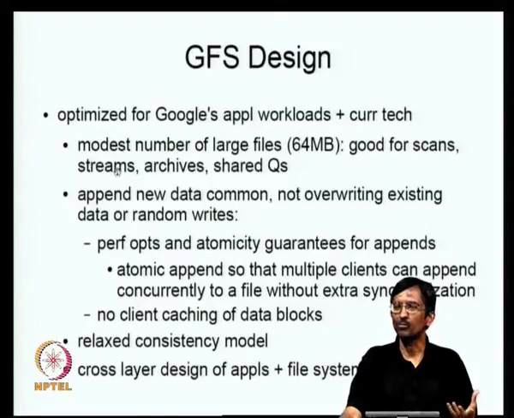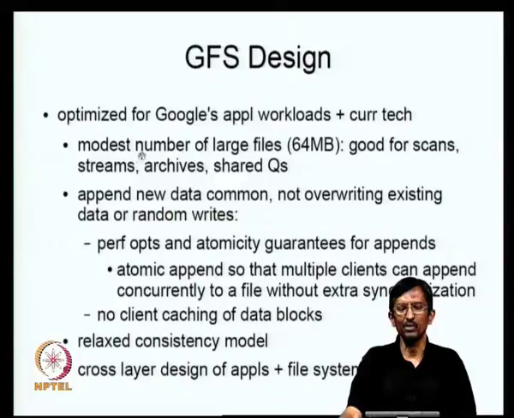Lots of times data is produced in streams, and I am going to access it in a sequential manner typically, so writing it in large files is useful. Archives by definition are large and are also sequentially written or read. Shared queues are systems by which multiple producers and consumers can put stuff into a particular file, so this also typically requires large files.